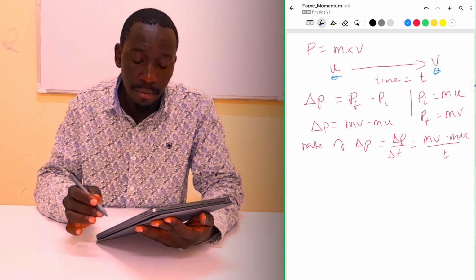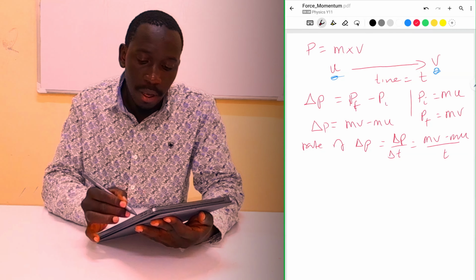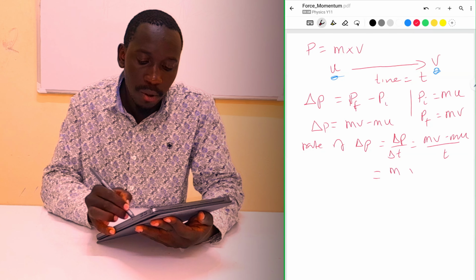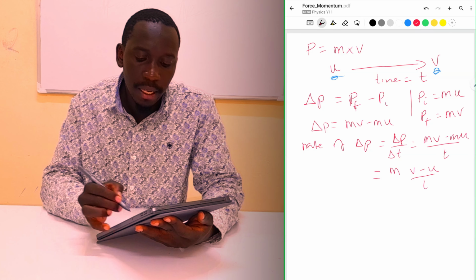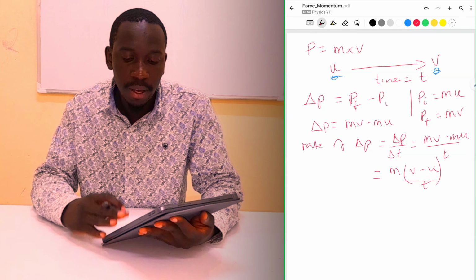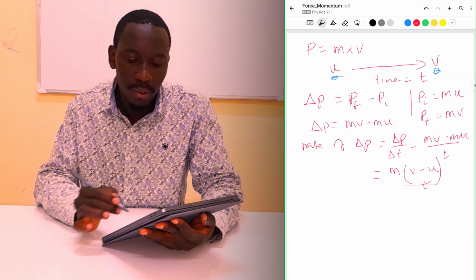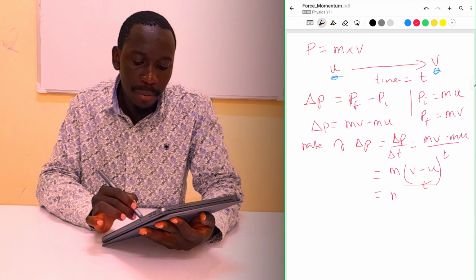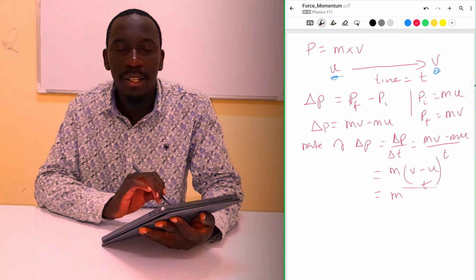If we factor out m, we find m times v minus u over t. This is under motion: v minus u over t is actually acceleration. So the rate of change in momentum is given by mass times acceleration.